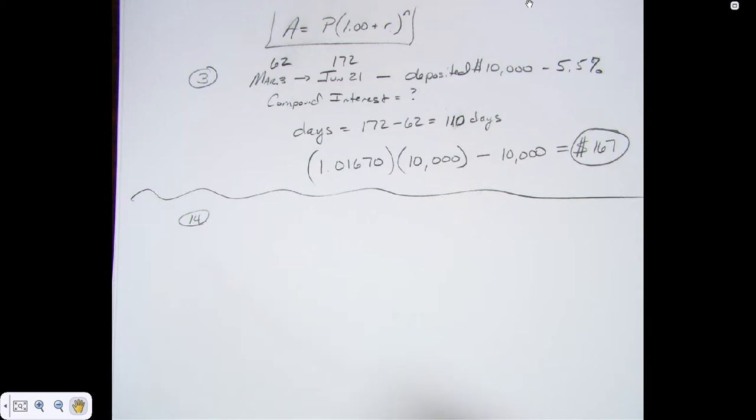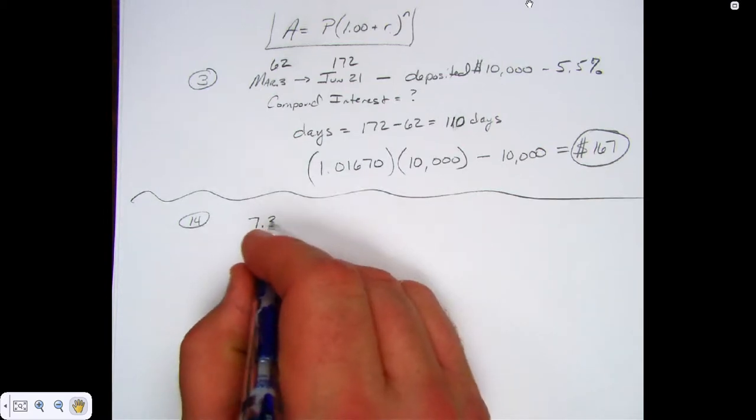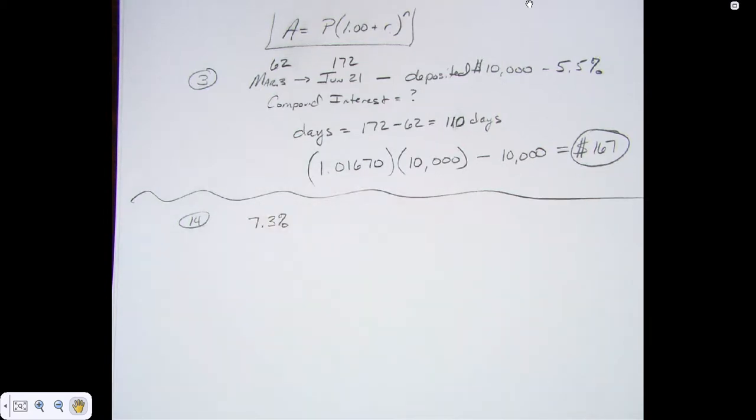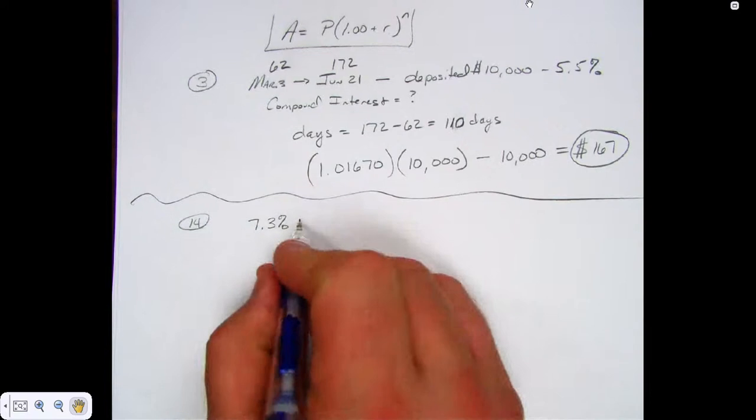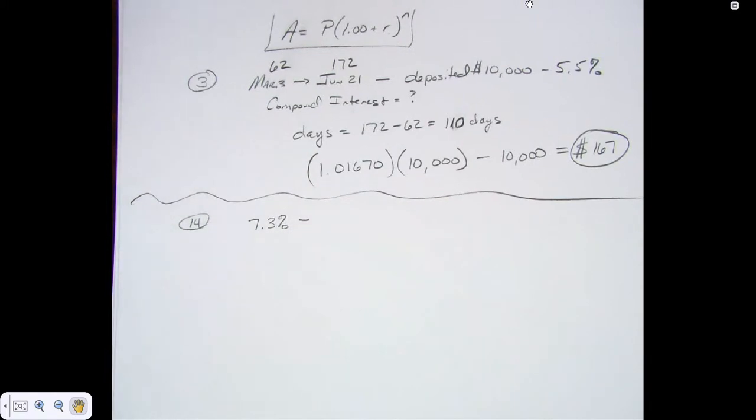Number 14 is harder because all the other problems in the section are at 5.5%. However, number 14 is a challenge problem, and it says we're going to do 7.3%.